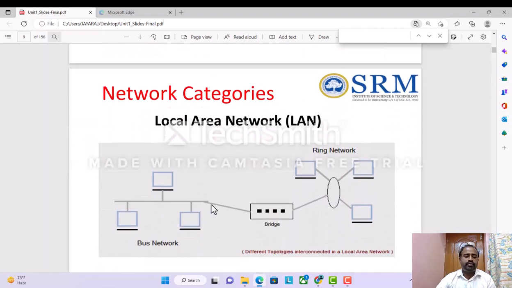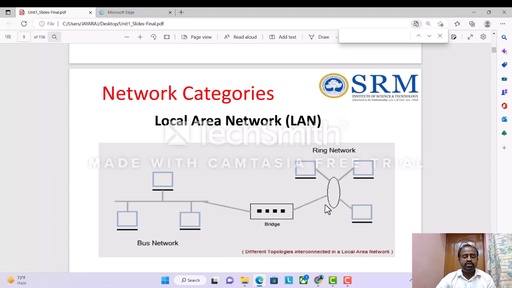First, LAN. In a LAN connection, see, this is the bus network, which means each and every single node will be connected to a standard node, and from that node they will share the connection in the bus. That connection will be connected to a bridge. If these systems need to communicate, they will transfer the messages through the link in the bus topology.